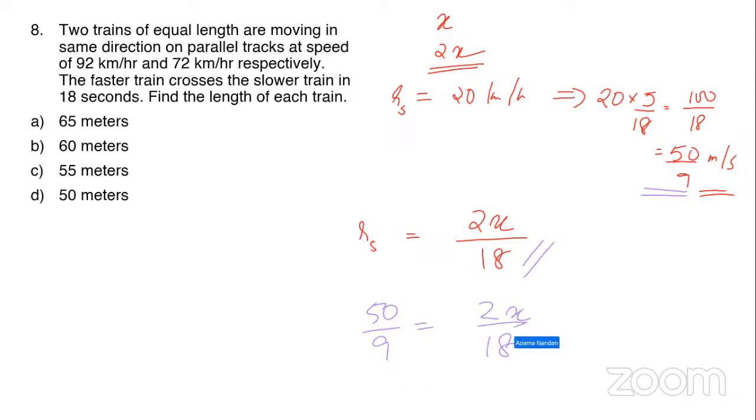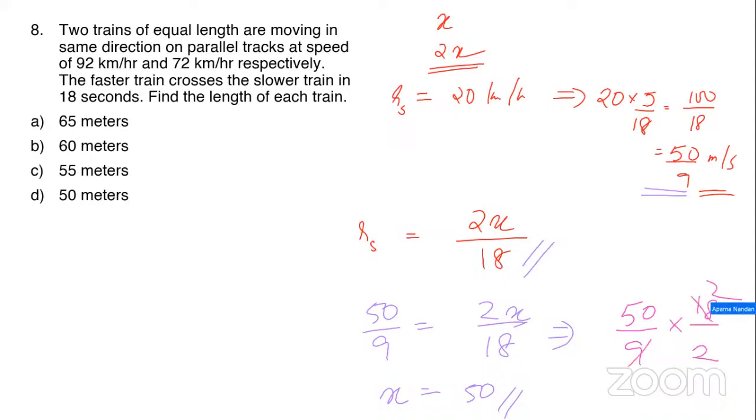Bringing the 18 to this side, x is equal to 50 by 9 into 18 by 2.